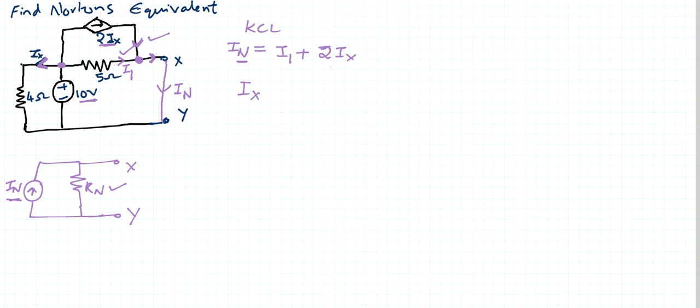Here there is a 10 volt source, so Ix is simply V by R. 10 volts by 4 ohms, the resistance is 4, so that is 2.5 amperes. This is the current flowing through this resistor, that is called Ix.